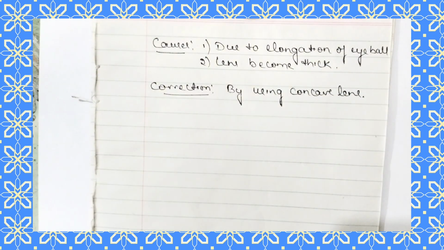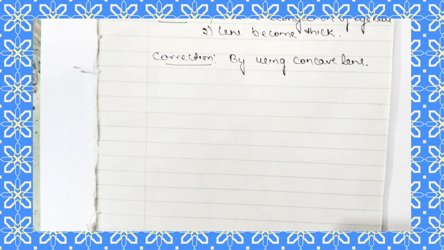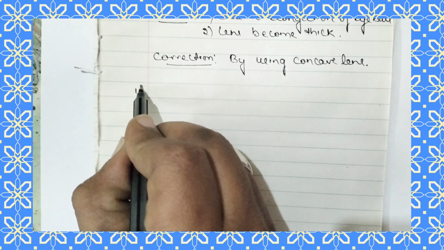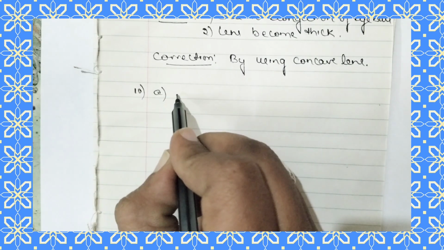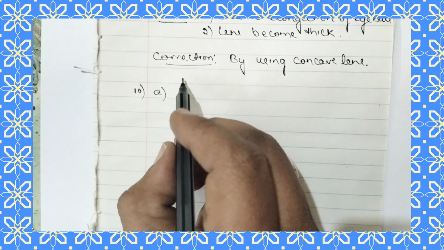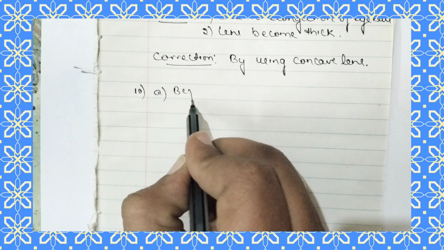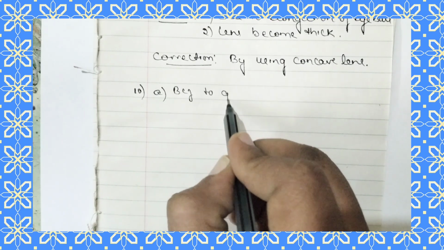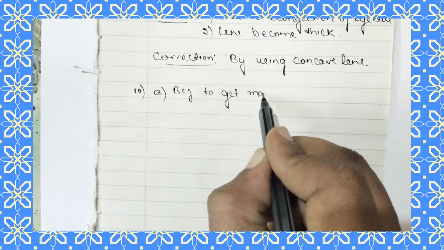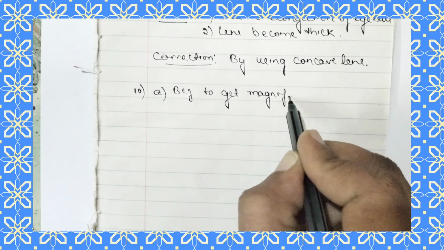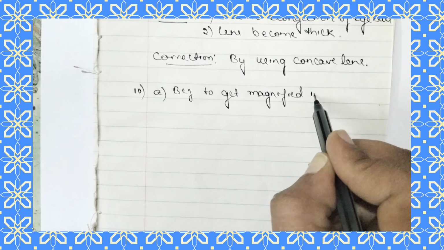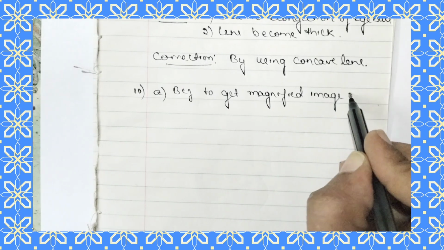So first, the reasons. This is question number 10. For diagnosis, a dentist uses a concave mirror because it gives a magnified image of teeth.